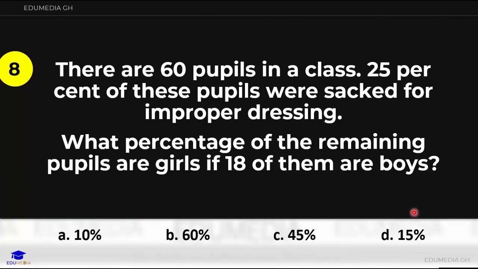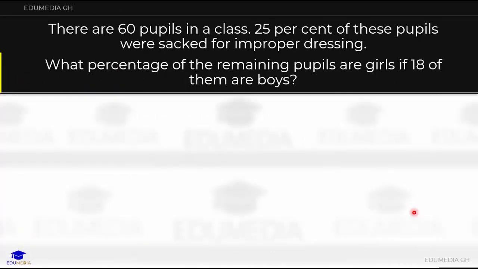Question number 8. There are 60 pupils in a class. 25% of these pupils were sacked for improper dressing. What percentage of the remaining pupils are girls if 18 of them are boys? What we know from the question is that there are 60 pupils in a class.